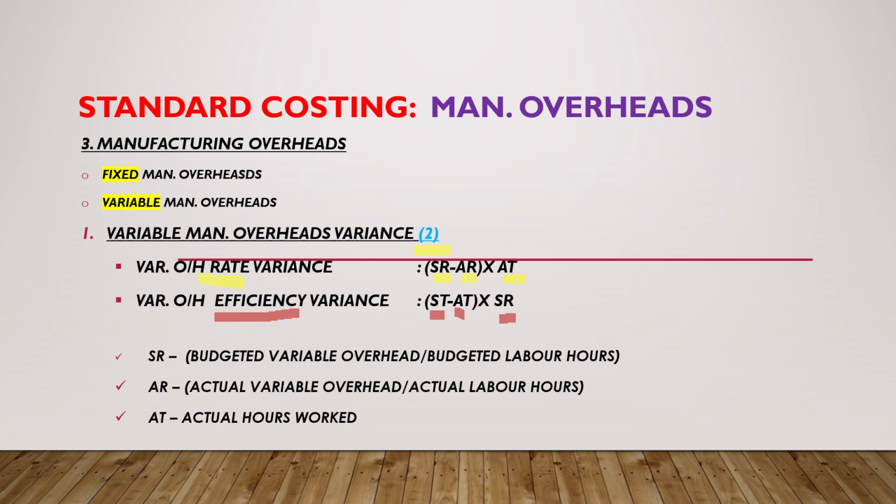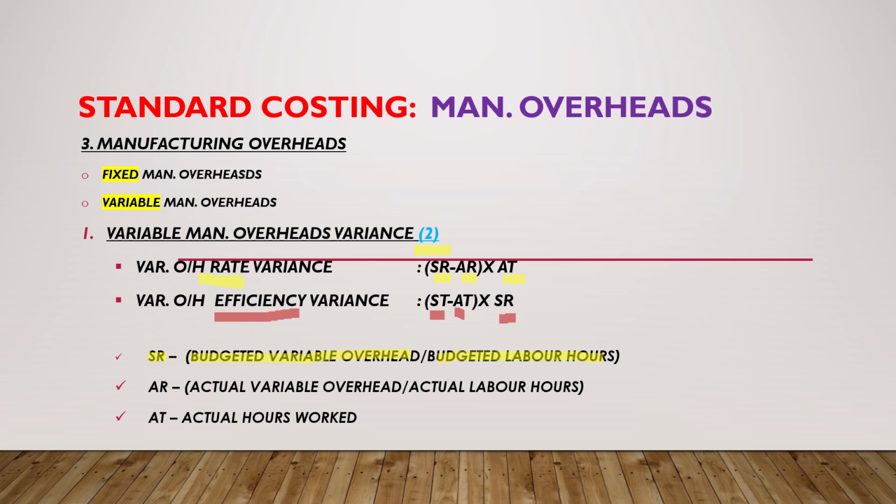Let's start with the first one, the standard rate. To calculate standard rate, when you are dealing with variable overheads, standard rate will be your budgeted variable overheads over your budgeted labor hours. So it's variable overheads divided by labor hours. Which ones? The budgeted ones.